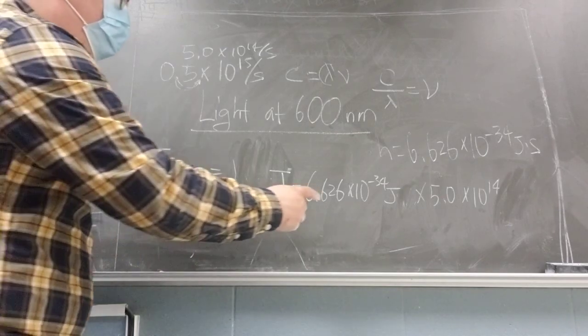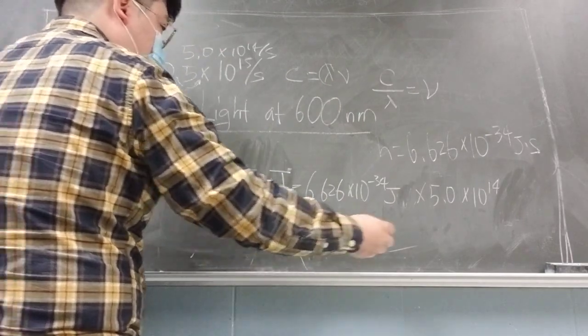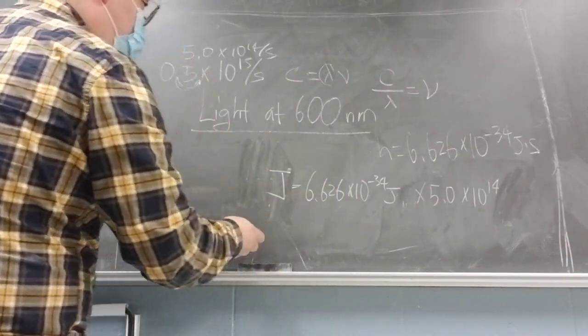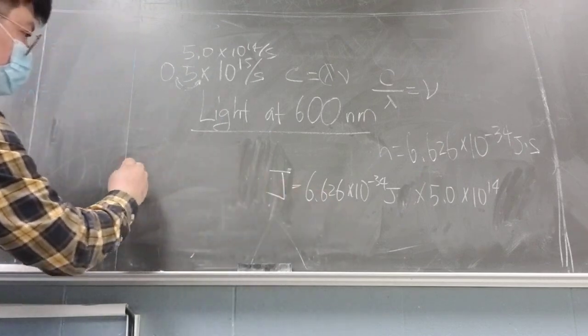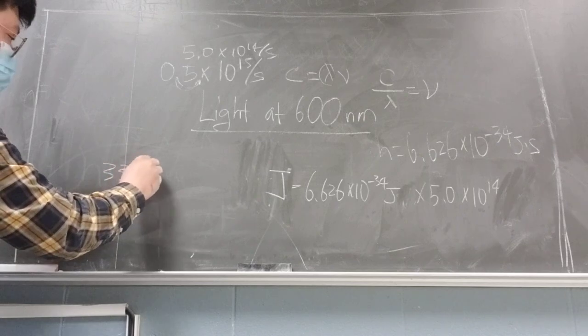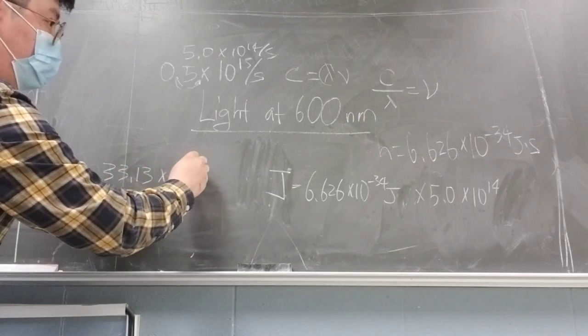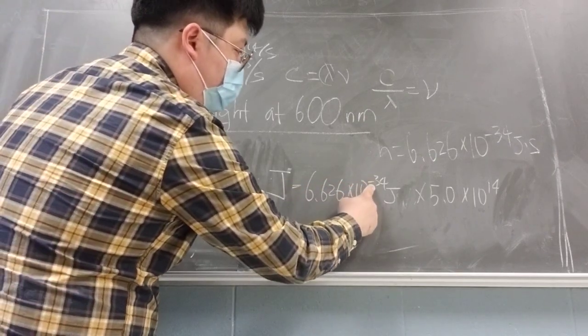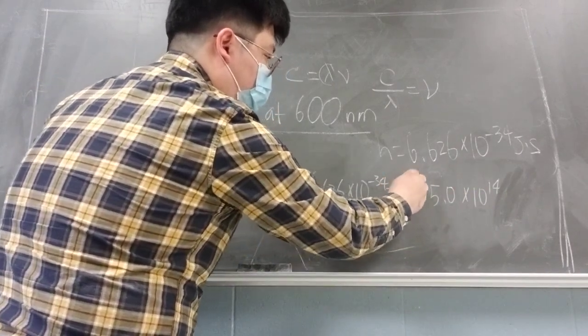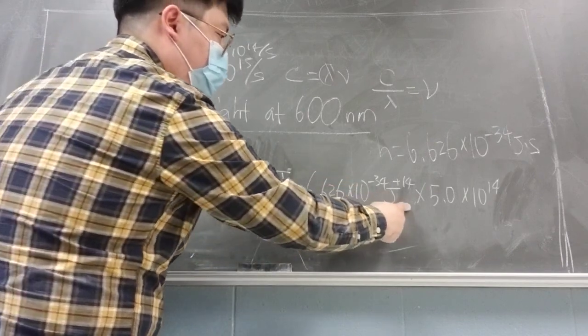Okay? So when you do this one, this will be the 6.626 times the 5, which will be I think 33.13. Times 10 to the, so this is a negative 34. This is multiply, right? So plus 14, not minus, because it's not division here. It's multiply.